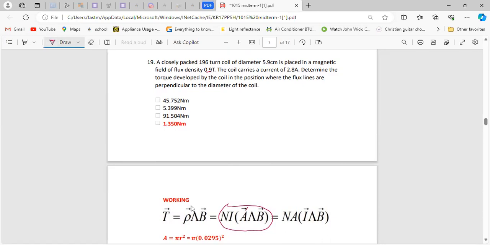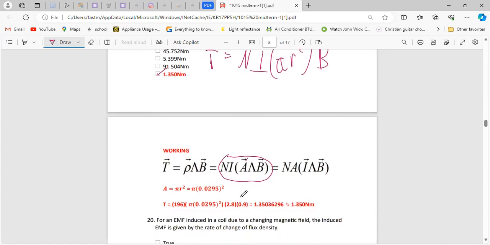They give you B for the flux density, and they give you I. And B, they already give you 0.9. Plug it in a calculator, done. That one is simple. That's all it was.